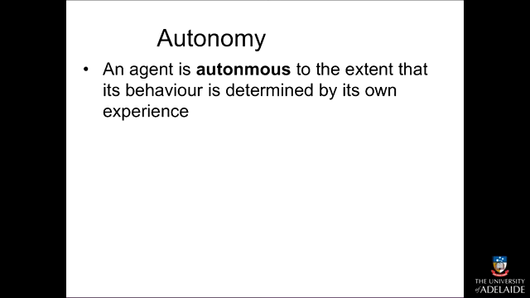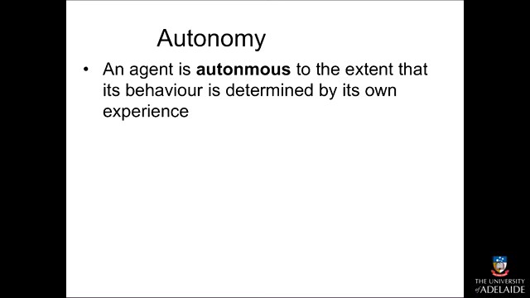And one final definition. You'll hear a lot about autonomous systems, either in this course or as you go through this degree. So an agent is autonomous, for our purposes, to the extent that its behaviour is determined by its own experience. So something that has been hard-coded into an agent is not necessarily something that we would say is autonomous.